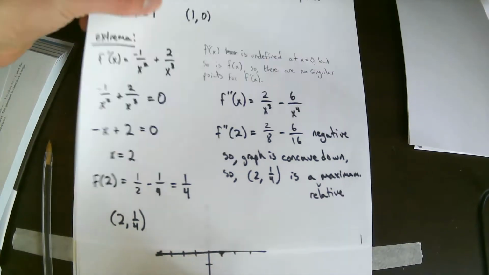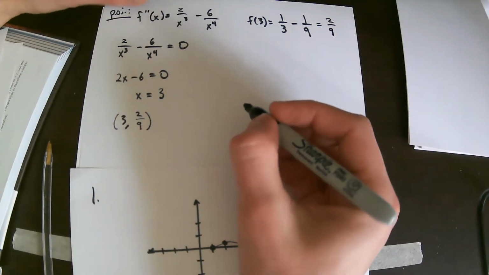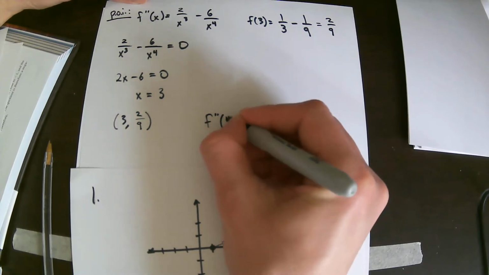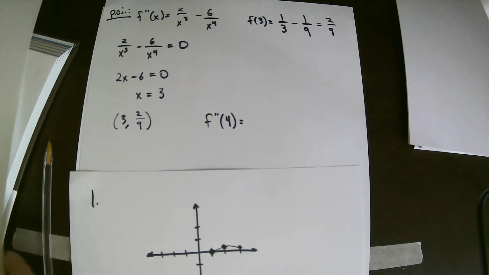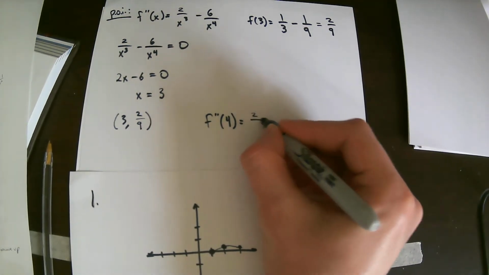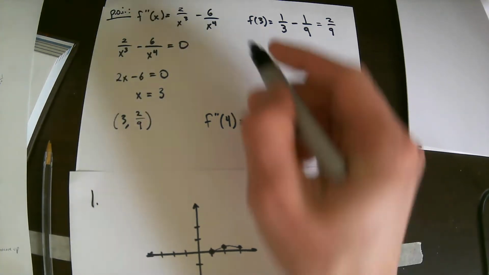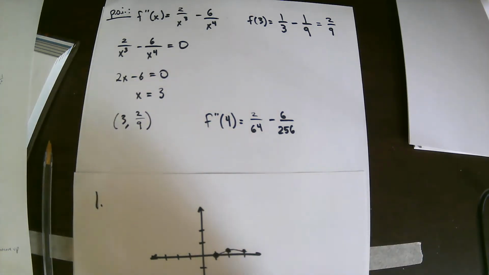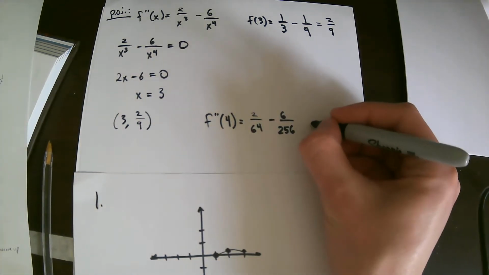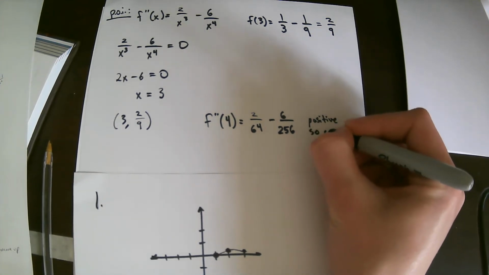And now what about on the right of 3, say at x equals 4? f double prime at 4 is going to be 2 over 64 minus 6 over 256. So I'm plugging into the second derivative here. I want to test the sign of this to see if it's going to be concave up or down. And this is going to end up being positive. So concave up.